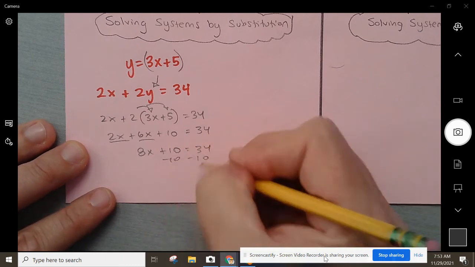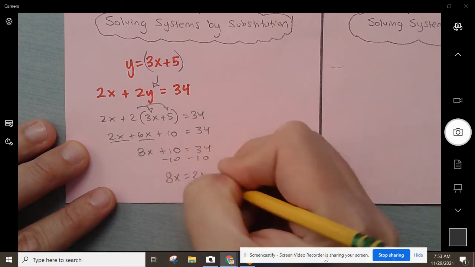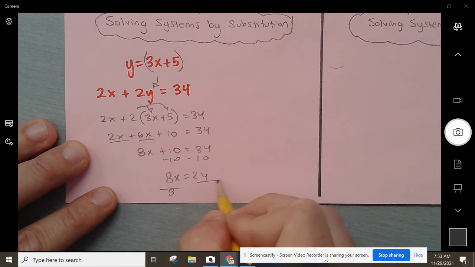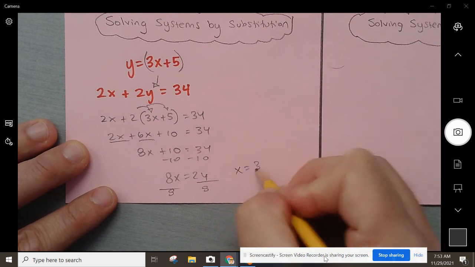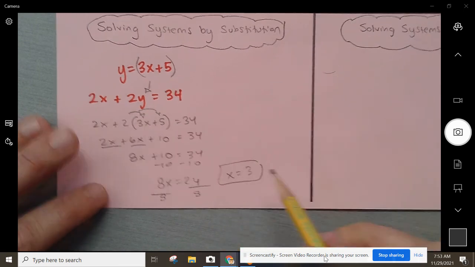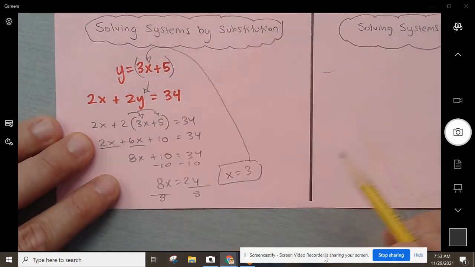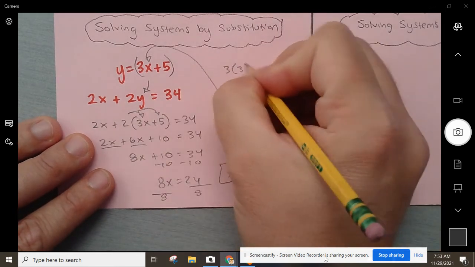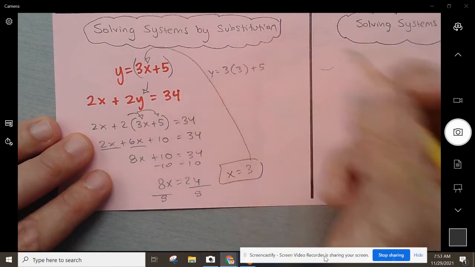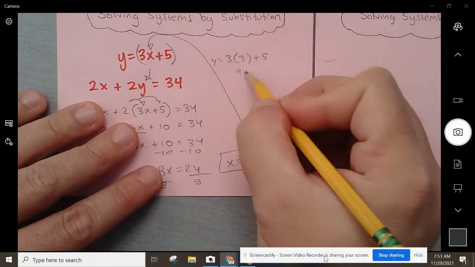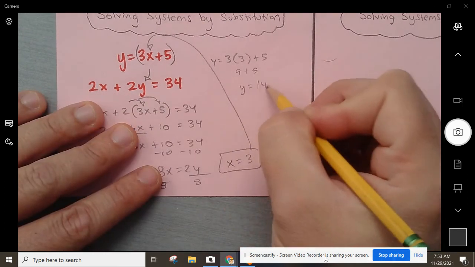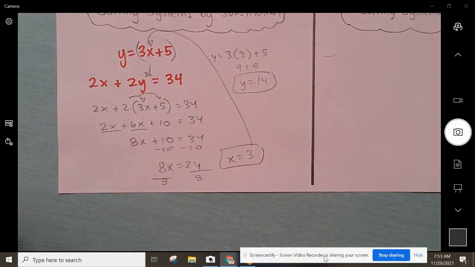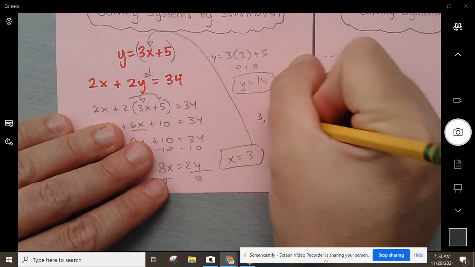Subtract 10. x equals 3. Once you know what x is, plug it back in to get y. So 3 times 3 plus 5. 3 times 3 is 9, plus 5 is 14. y equals 14. And how would you write that? 3 comma 14.